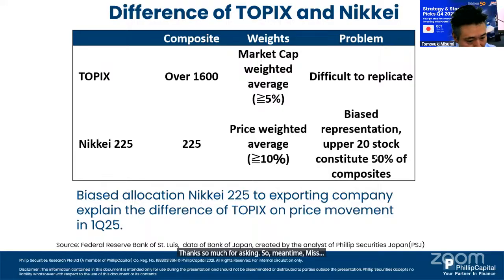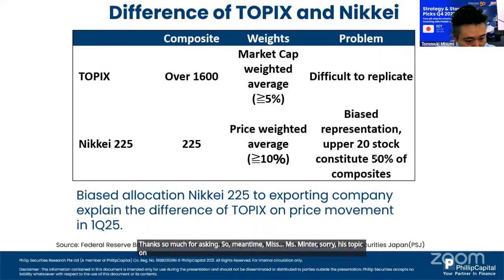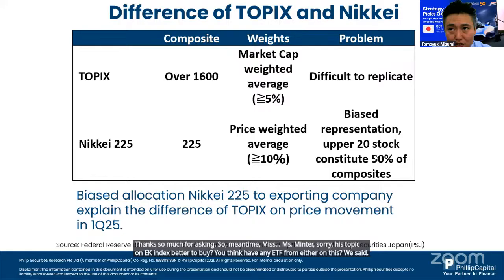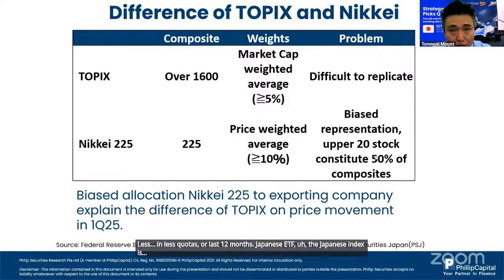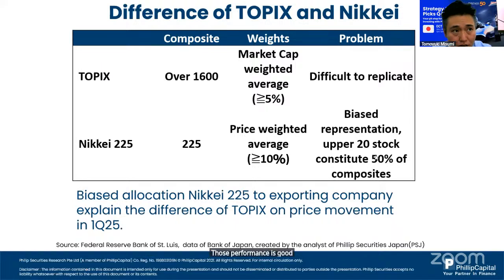Is the Topix or the Nikkei index better to buy? Do you have any ETF on either of these? Well, over the last quarters or last 12 months, the Japanese index performance is good, but nobody compensated for the Japanese yen depreciation.